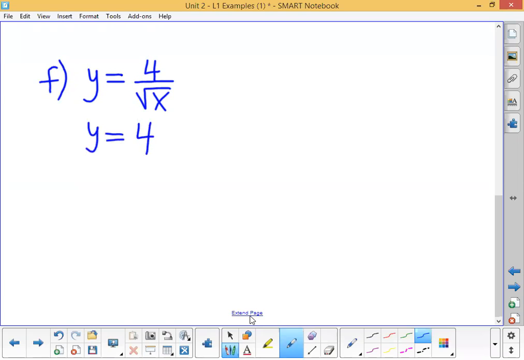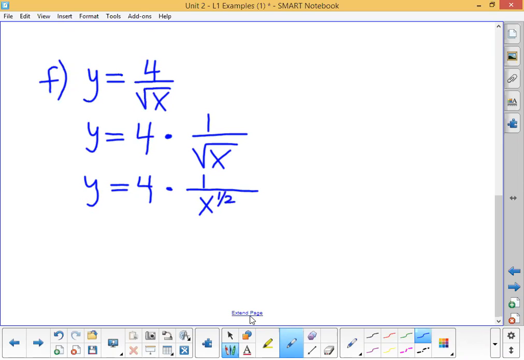And remember, root x is the same as x to the power of 1/2. So I'm going to actually break it down. So y is equal to 4 times 1 over x to the power of 1/2. That's what that means, right? Converting from a radical to power form.